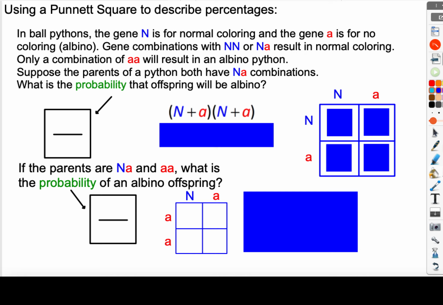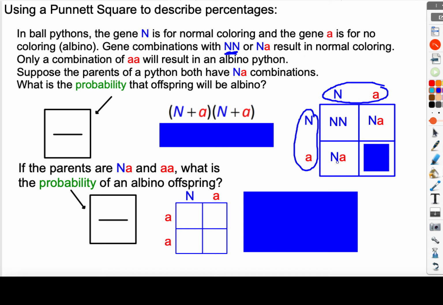Well, if mom has one gene of both and dad has one gene of both, N times N is N squared. And an NN would be a definite colored snake. But again, N times A and N times A, we'll end up with a couple of those. We just looked at that pattern. Well, N is the dominant, so NA would also have normal coloring, a normally colored snake.